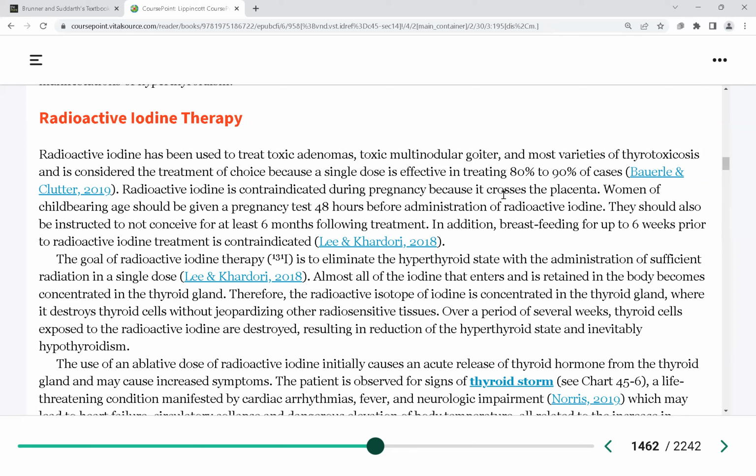We already confirmed they're not pregnant, so do we start the radioactive iodine therapy? No, we find out what your plans are. Regardless of the plan, we tell you the side effects of the medication, that it could decrease your chances of getting pregnant.